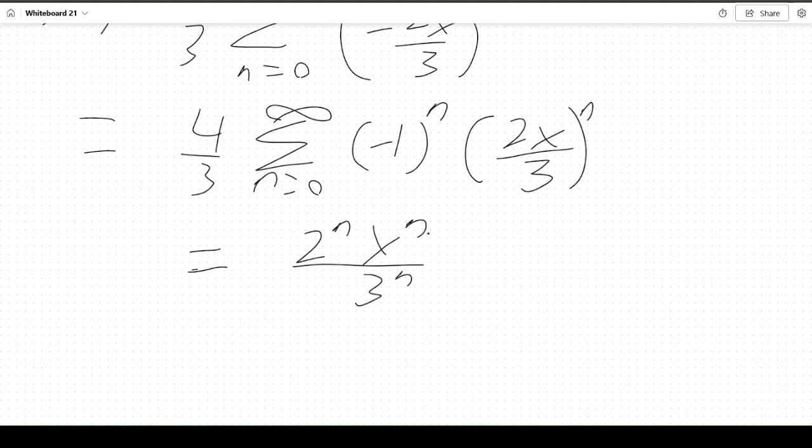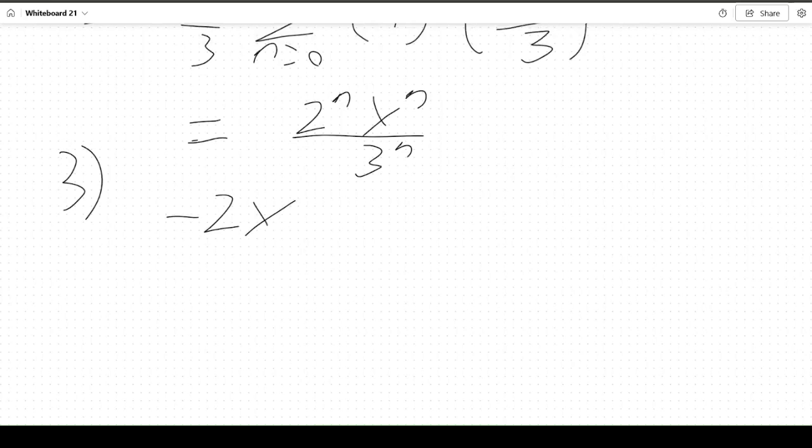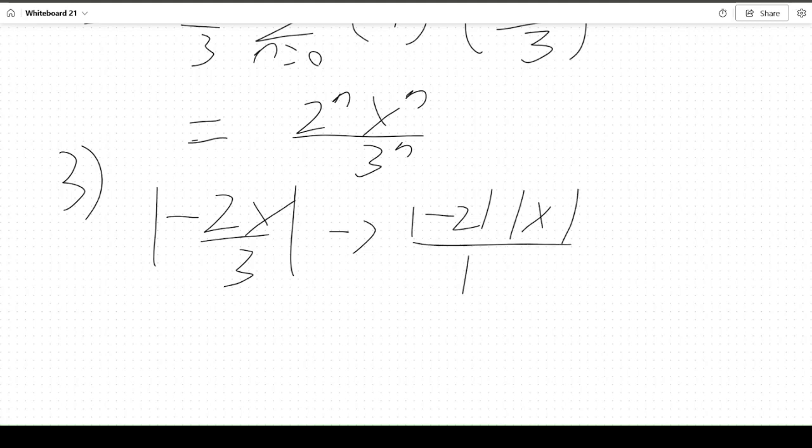Now our third step is to find the radius of convergence. So here we got negative 2x over 3, and we have to take the absolute value. So we were left with 2x over 3, and it has to be less than 1, because that's how you do the radius of convergence.